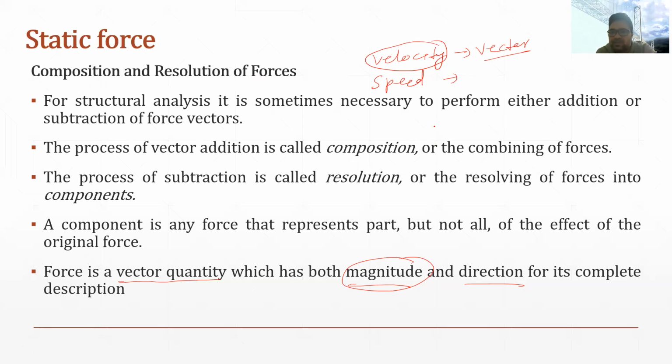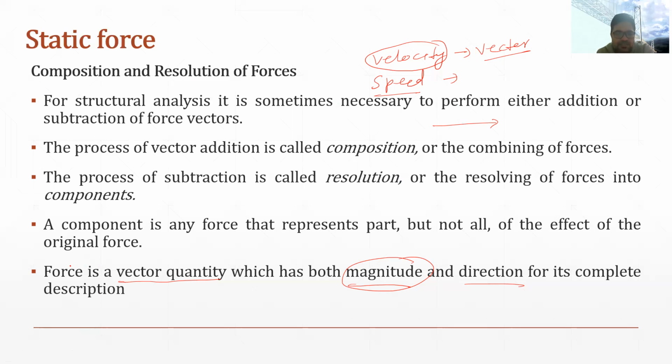If a thing is moving in a particular direction, it has a proper angle from a reference line, and it has a magnitude, say 36 meters per second. But speed has only magnitude and no direction. That is the difference between scalar and vector quantities.